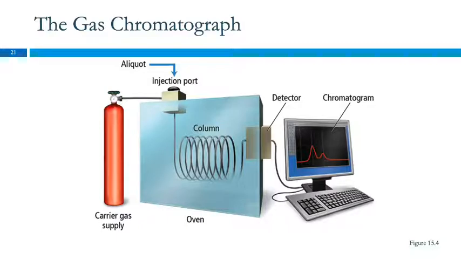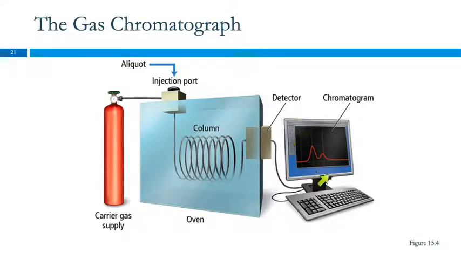So here, as this sample goes through the column, some substances are going to go right along with the gas and come out very quickly. Some are going to hang around on the column because their intermolecular forces attract them to the substance on the inside of the column. And so you can take a bunch of different things and separate them, and then you'll look at this detector here, and what you'll typically see is a chromatogram, which is something like this.